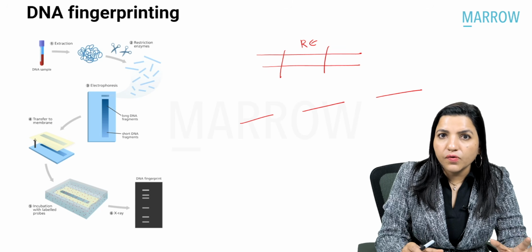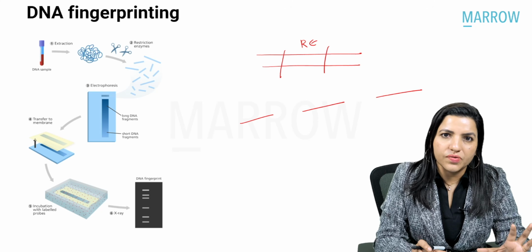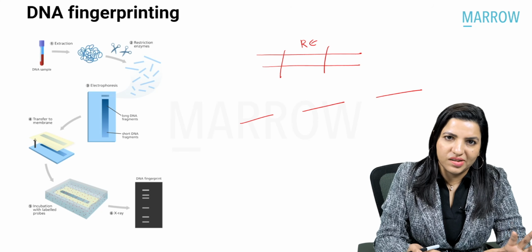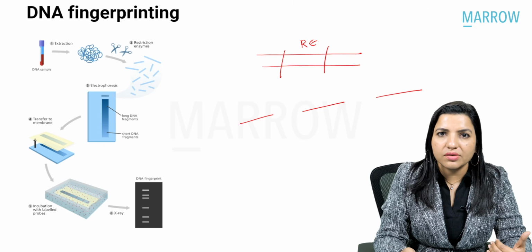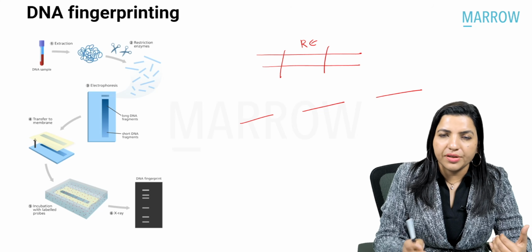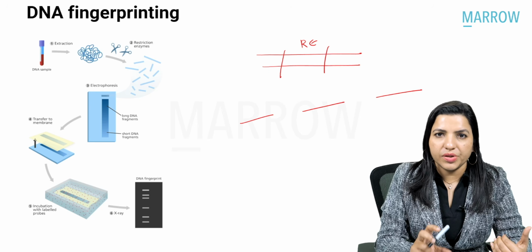So it is unique for that person. This kind of fragment pattern, obtained using restriction endonuclease, is called a restriction map. And this restriction map can be used to fingerprint a person.